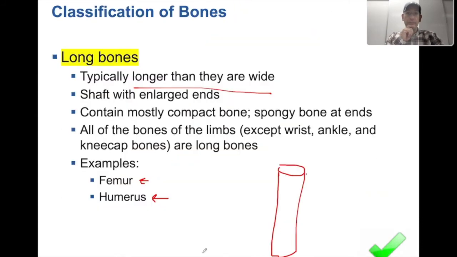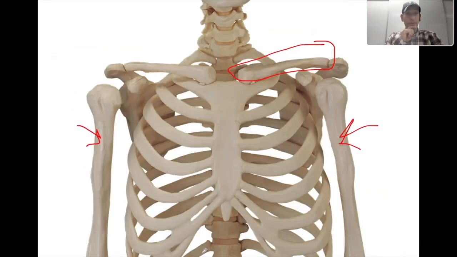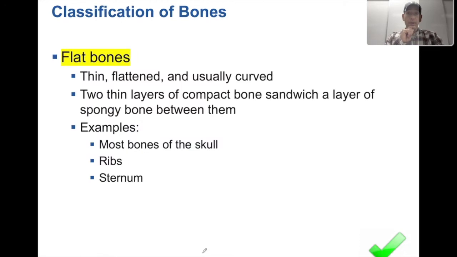We also have flat bones. Flat bones can sort of bend like your ribs. Otherwise, you wouldn't even be able to do CPR, for example. You wouldn't be able to do chest compressions if your ribs were long and not flat. They're flat bones.